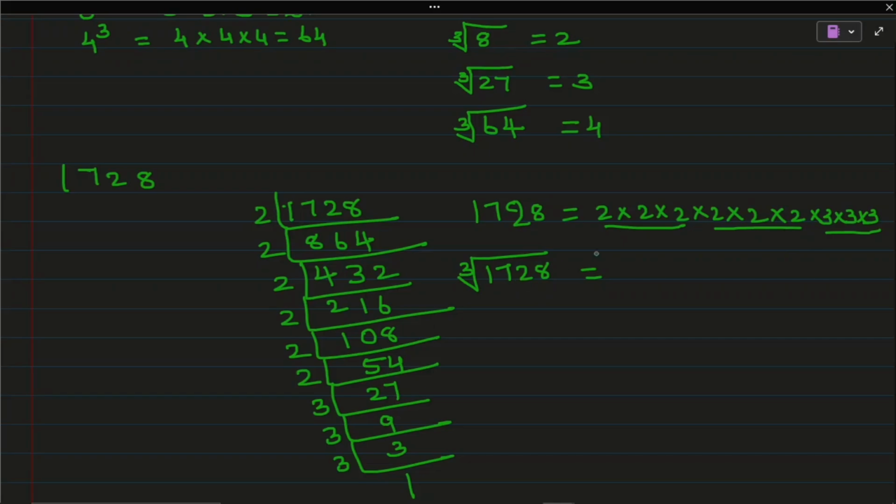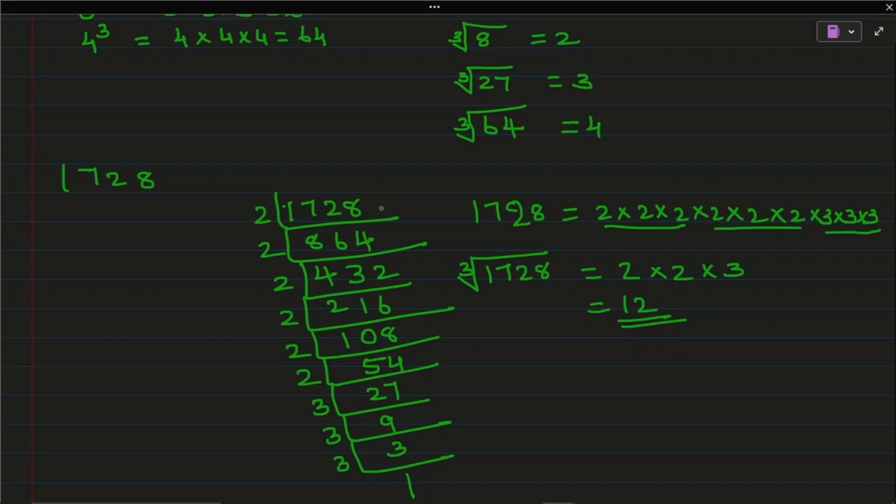Now when we find the cube root, from the first group one number will come outside, from the second group also one number will come outside, third group also one number will come outside. Now multiply and write, this answer is 12. So in this way you can find the cube root of a given number.